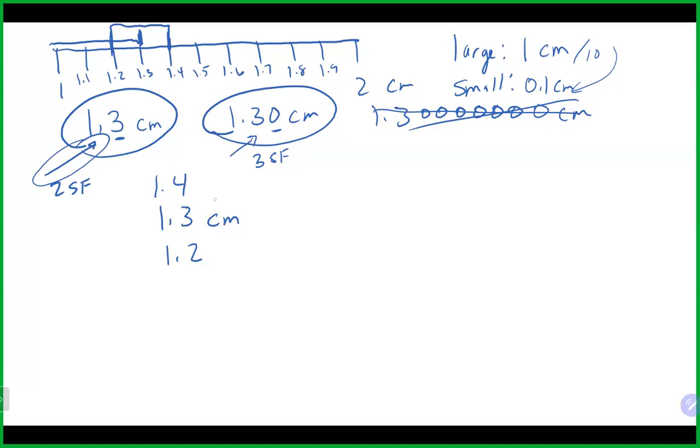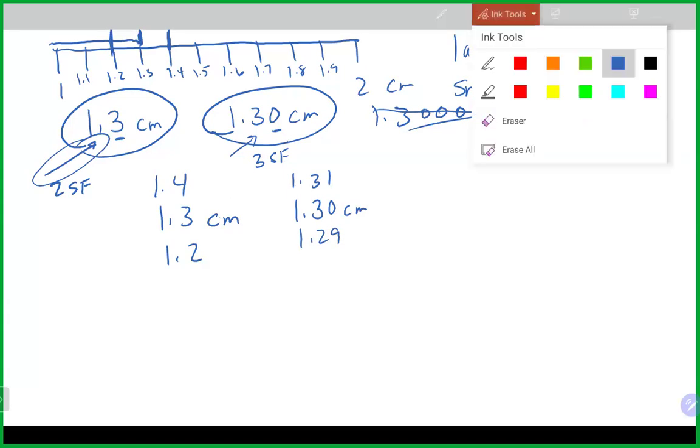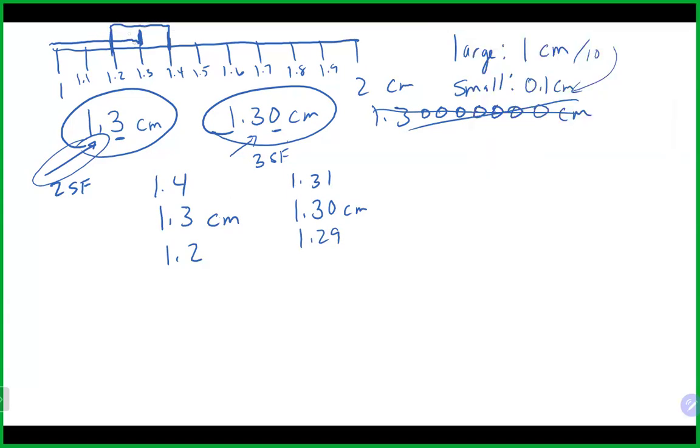We can do something like this, which is 3 significant figures, which says, I think it's 1.3 centimeters, but maybe it's 1.31, maybe it's like 1.29. That would be more of this range, right? And if we look at this range, that is more what we actually see. That is much closer to where we're taking the measurement from.